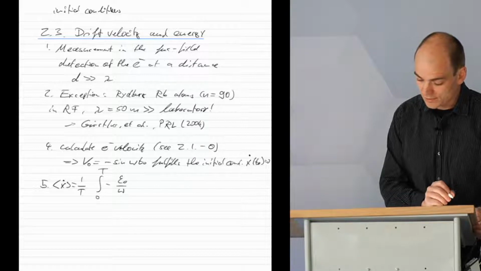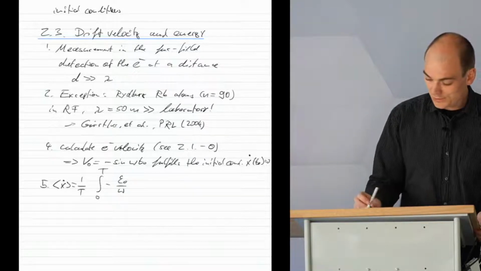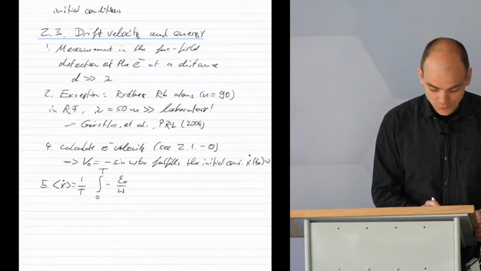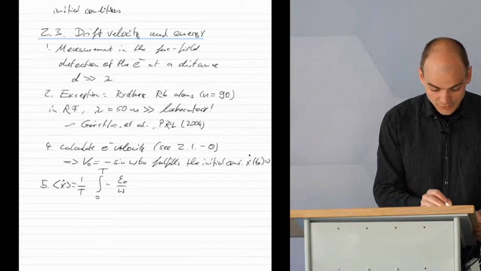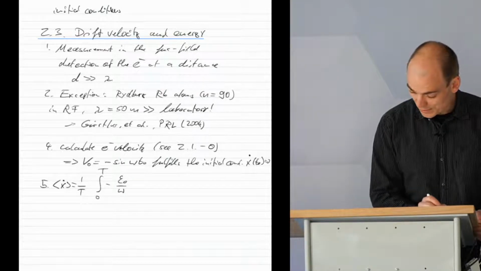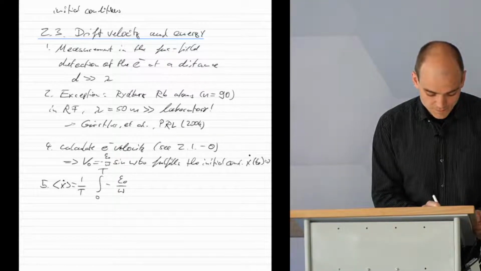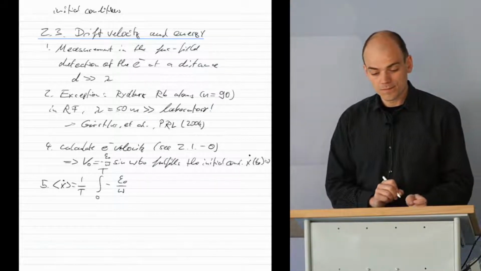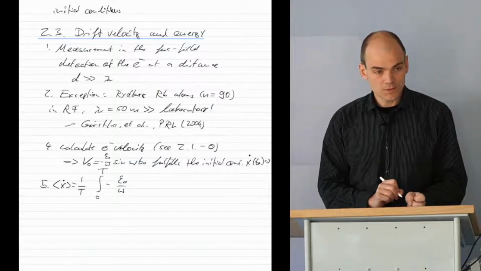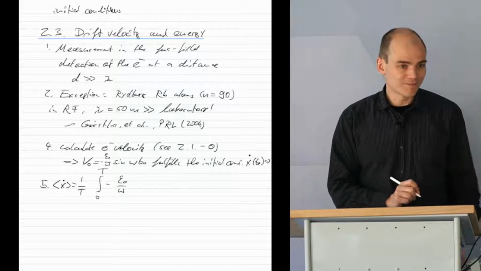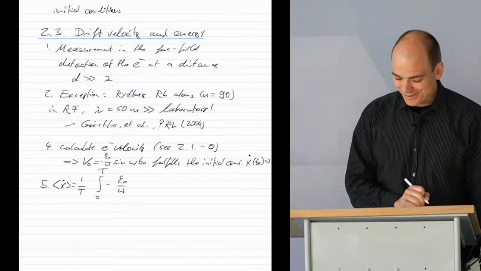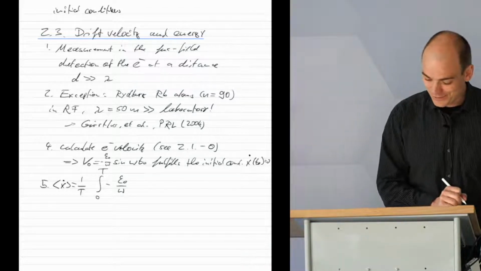Yes, you're right, here in the script I wrote it slightly differently. So I agree, let's add the prefactor. The prefactor would be E0 over omega. And the mass is 1, and so is the charge. The charge is -1.